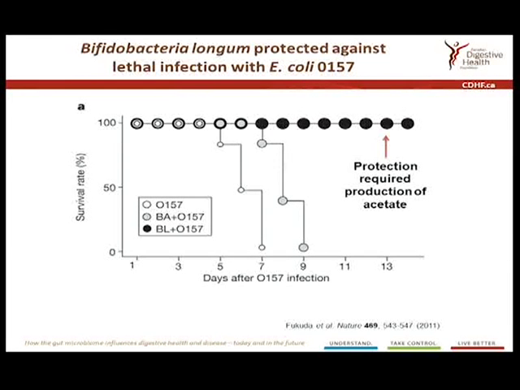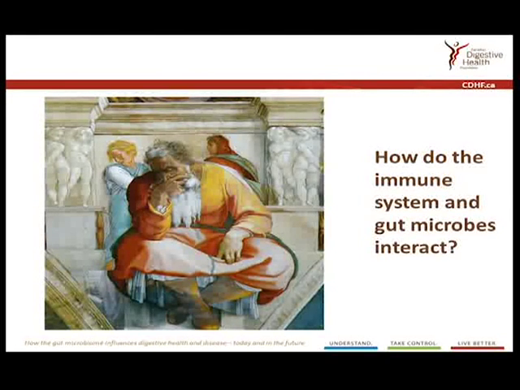Whereas if you used the same Bifidobacterium longum that did not have the enzyme to make acetate, the mice would still die. So you required this particular strain of bacteria that had the enzyme to produce acetate to be protective. So that's a little bit about the metabolism and metabolites that are really beneficial to us.